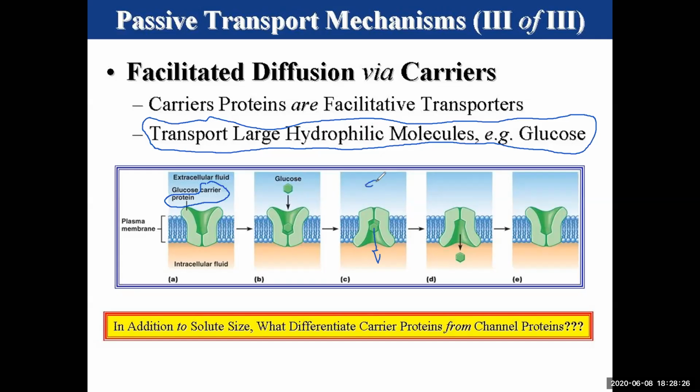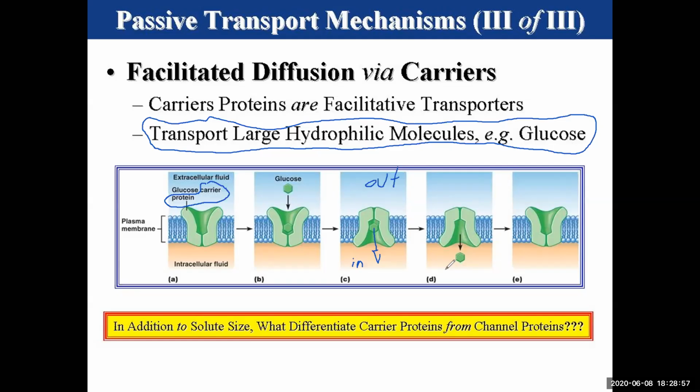So this is outside the cell. This is inside the cell, right? Glucose will move down its concentration gradient. The carrier will basically translocate glucose from the outside to the inside of the cell. This is how our cell obtains glucose, through a carrier protein, not a channel.